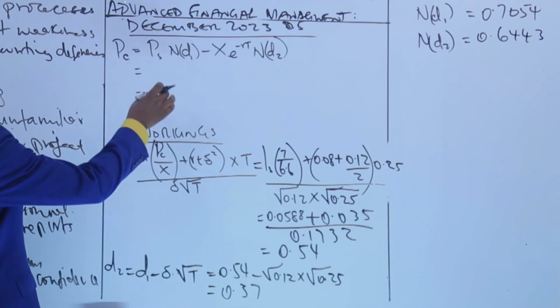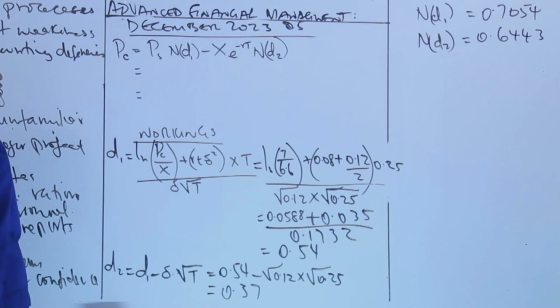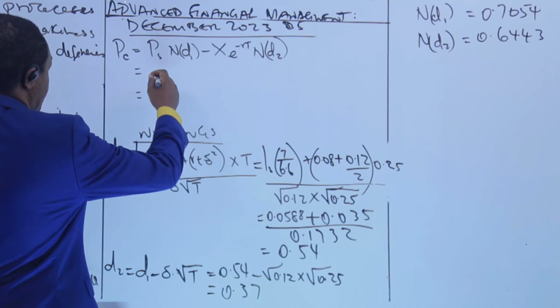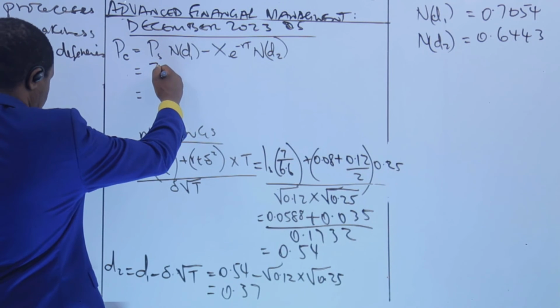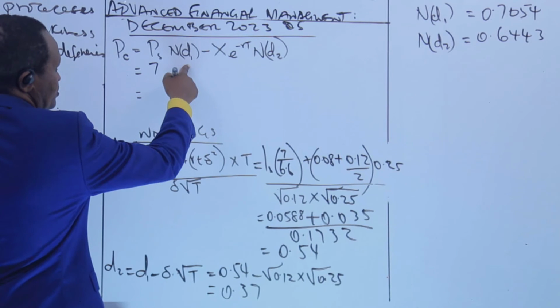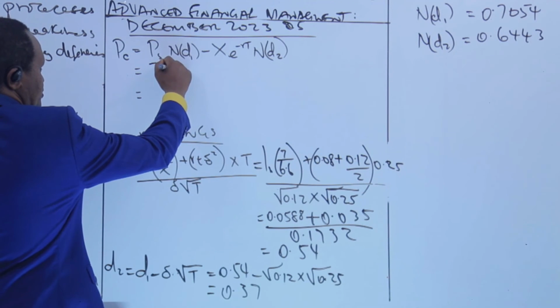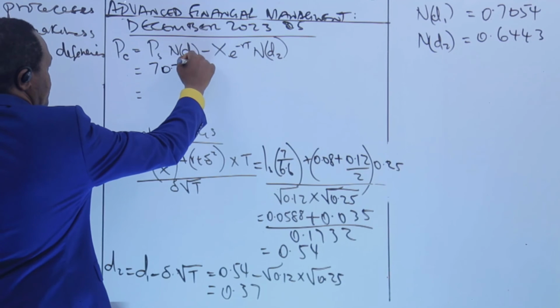So we can then plug into the main formula. PS is 7 times ND1, that is 0.7054.